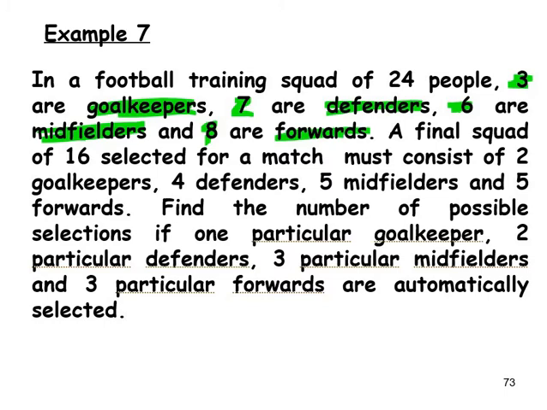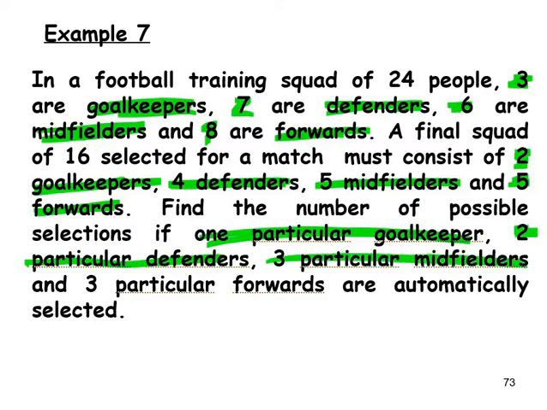A final squad of 16 selected for a match must consist of 2 goalkeepers, 4 defenders, 5 midfielders, 5 forwards. Find the number of possible selections if 1 particular goalkeeper and 2 particular defenders, 3 particular midfielders and 3 particular forwards are automatically selected.